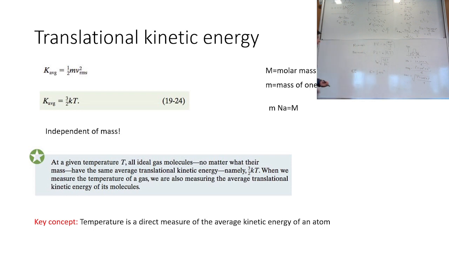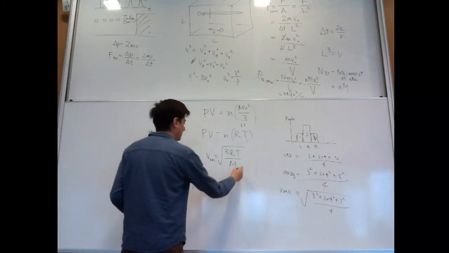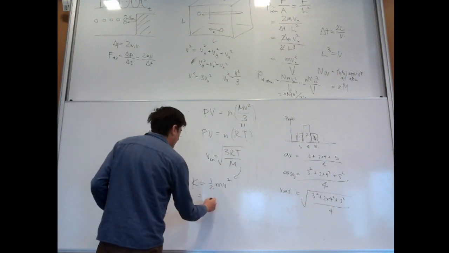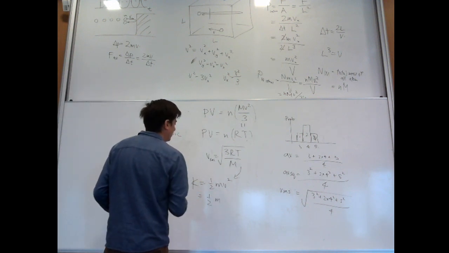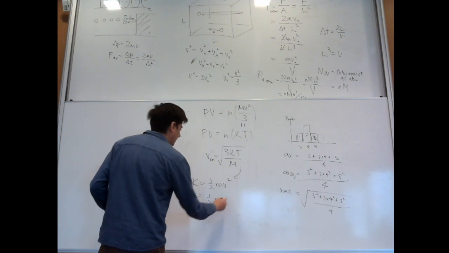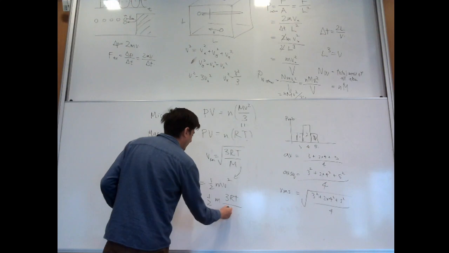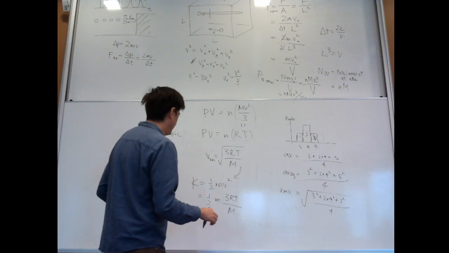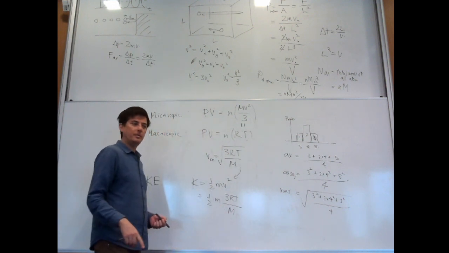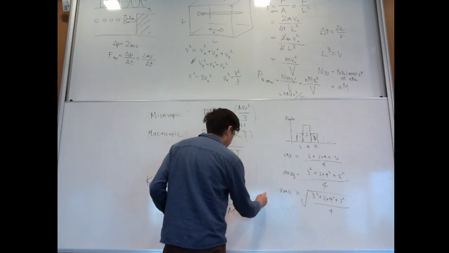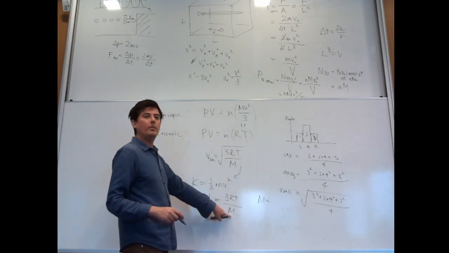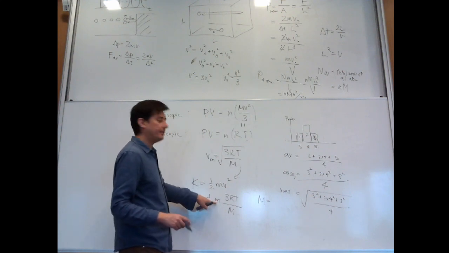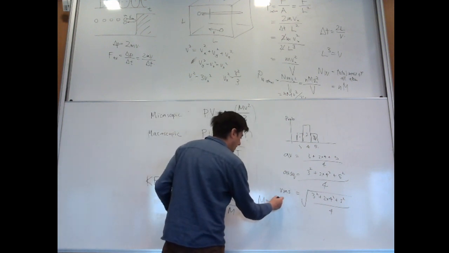Let's put in this velocity that we just found. So it's going to be half of m, the mass of a single atom, times this thing squared, 3RT over M. This capital M was the molar mass, the mass of 1 mole of substance, and that's related to the mass of a single molecule just by Avogadro's number.